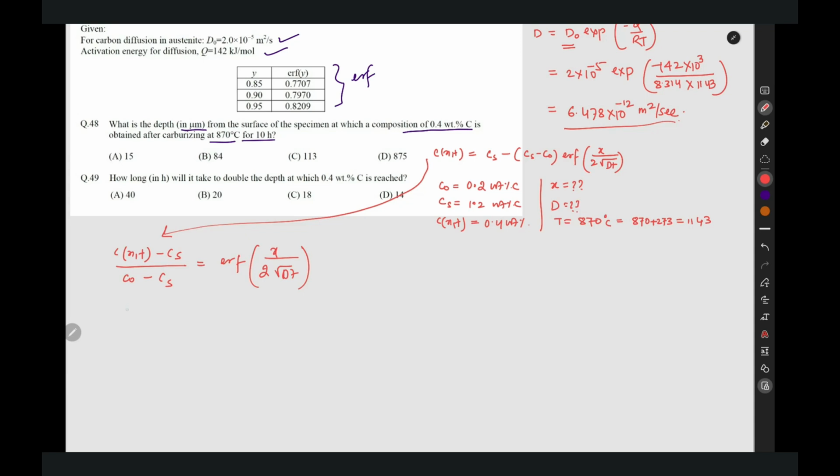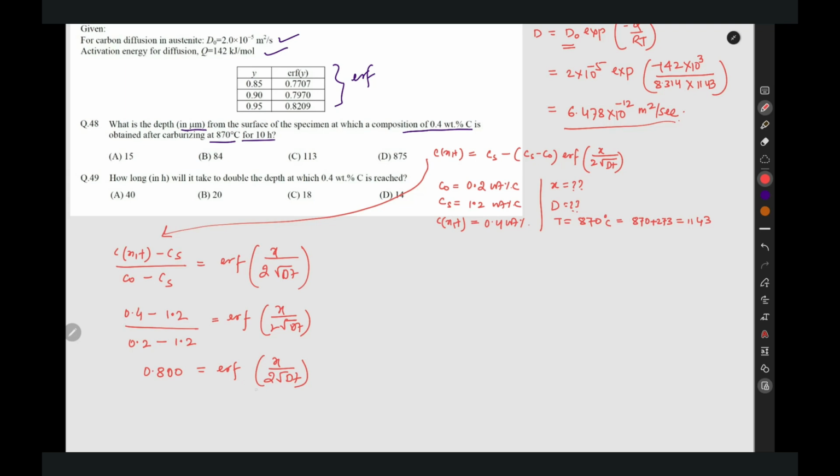C(x,t) is 0.4 minus Cs is 1.2, by C0 is 0.2 minus Cs is 1.2, equal to erf of x by 2 root Dt. It will be 0.8 equal to erf of x by 2 root Dt.